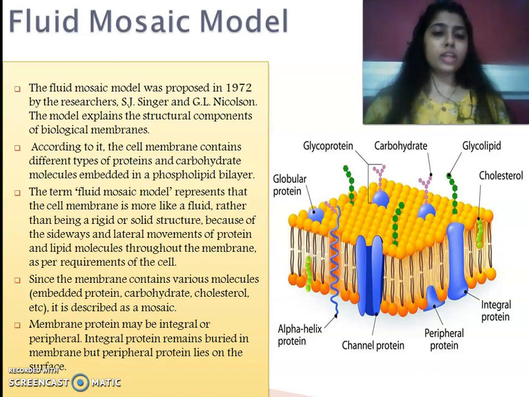The proteins which are embedded entirely, or placed entirely inside the phospholipid bilayer, are termed as intrinsic proteins, like this one, this one, this one, this one. That is, they are wholly inserted inside the phospholipid bilayer. So they are termed as internal, that is present inside, internal or intrinsic proteins.